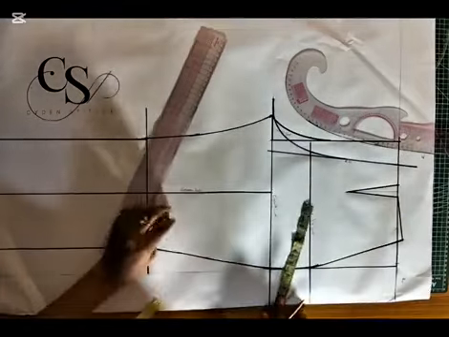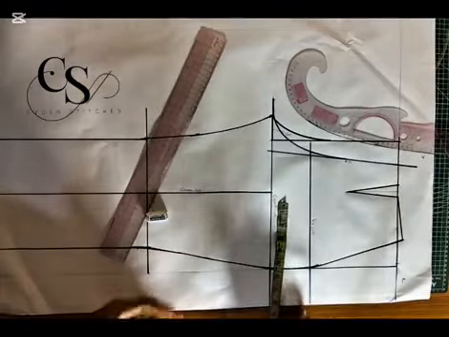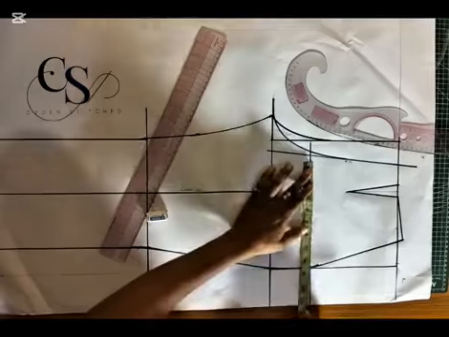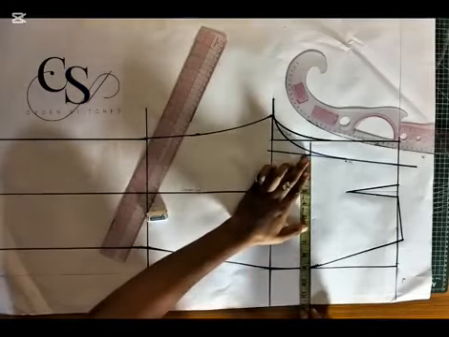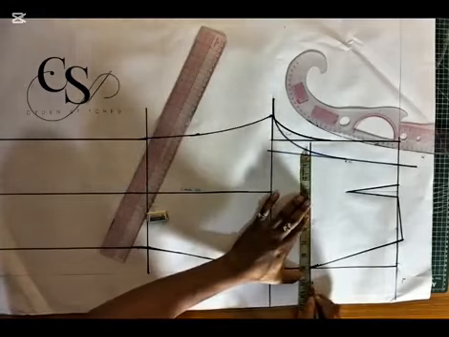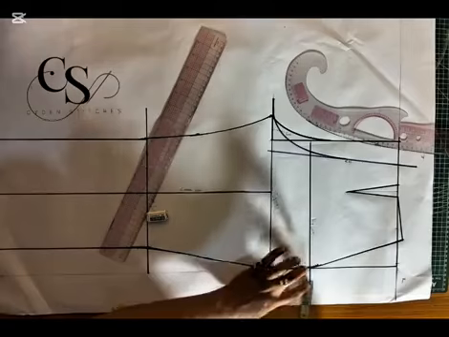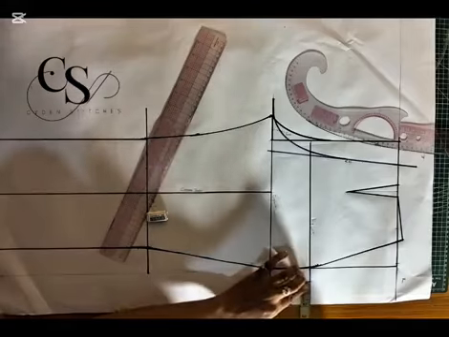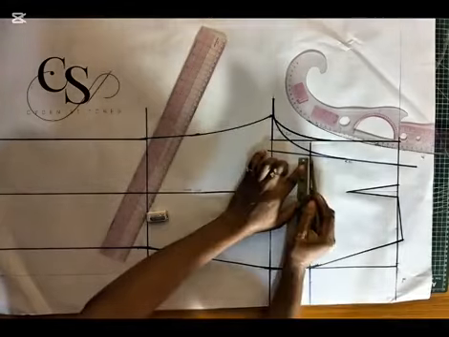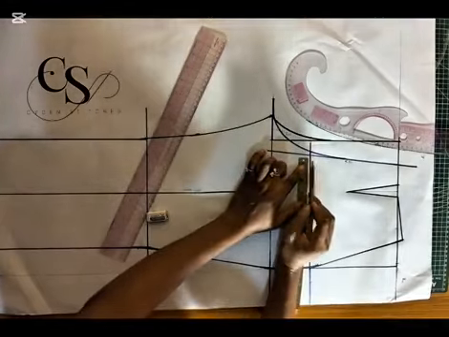So now my hips, I will come and impute my hip circumference. The hip circumference I'm working with is 40, divided by 4 is 10. So this is 10, starting from the center back, not this crotch extension.